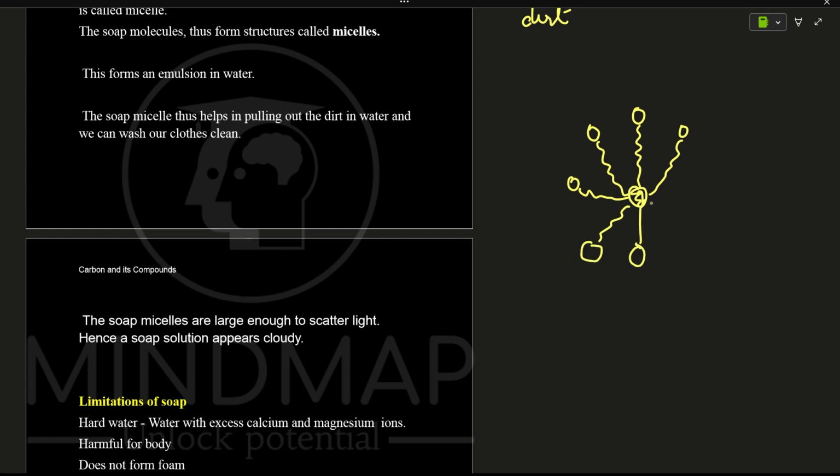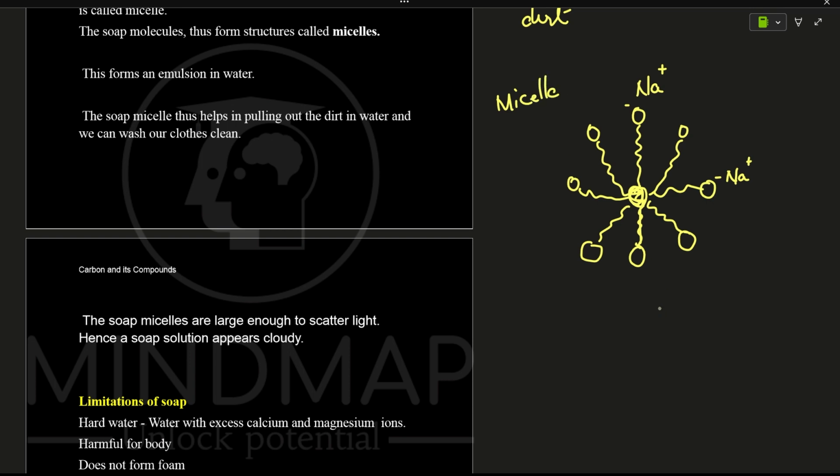The ionic end will be towards the outside and the hydrophobic end will be towards the dirt. And this structure of soap molecules around the dirt particle is known as micelle.